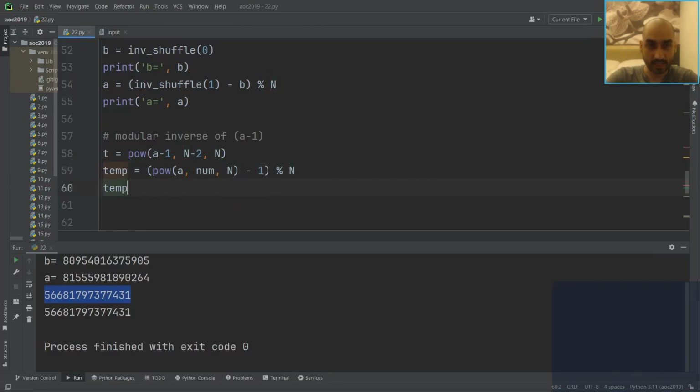And then temp equals temp times t, the modular inverse of A minus 1, percent n. Then we multiply by B: temp equals temp times B, percent n.